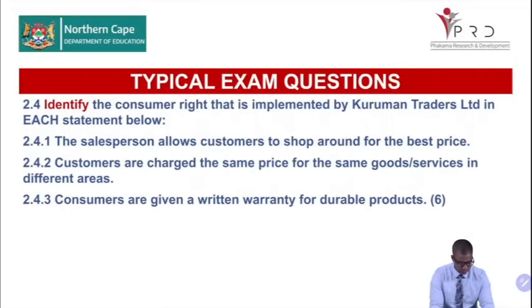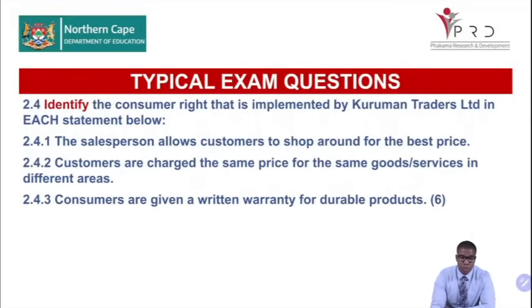2.4, we have a statement-based question. You have 3 statements and you need to identify which consumer right is applicable. Now identify the consumer rights that is implemented by Kuruman Traders Ltd in each statement below. 2.4.1 says the salesperson allows customers to shop around for the best price. 2.4.2 says customers are charged the same price for the same goods or service in different areas.